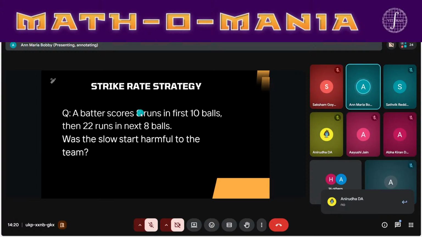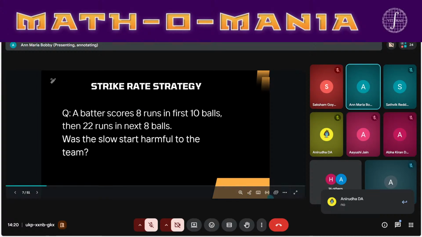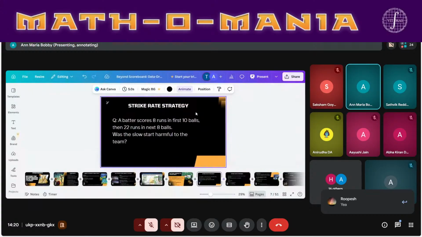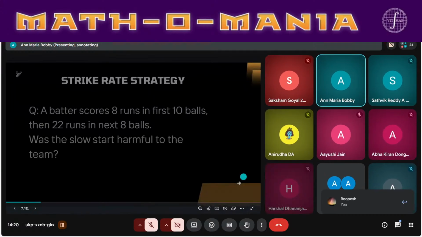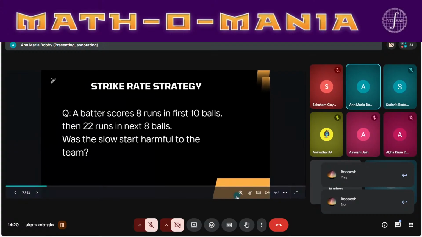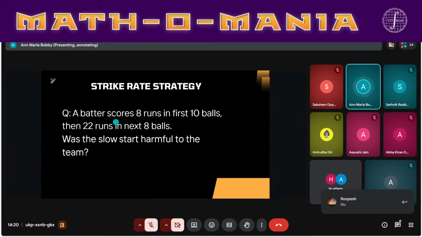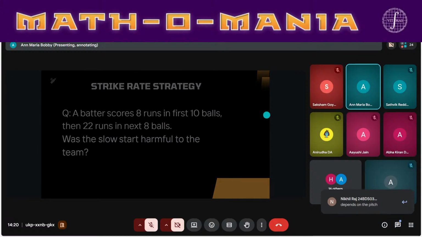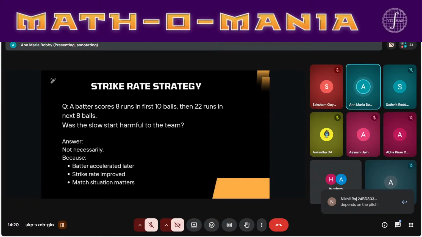Yeah, exactly. It's no. So we can say that not necessarily, right? Because though he scored only 8 runs in the first 10 balls, he scored 22 runs in the next 8 balls, which means that his strike rate improved.